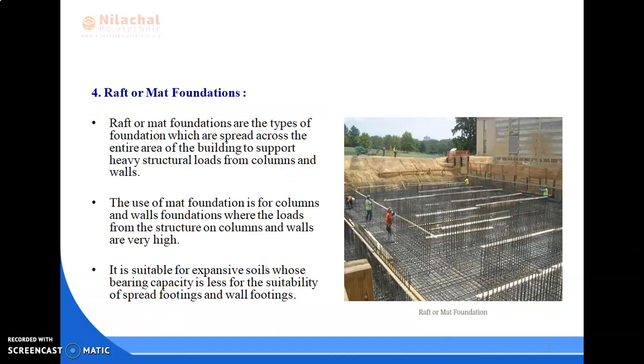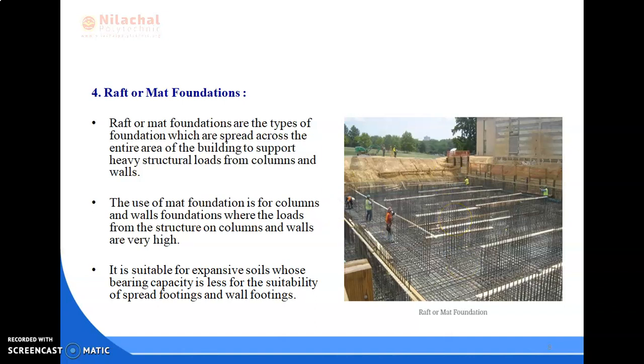Number 4 is the raft or mat foundation. This is a type of foundation which is spread across the entire area of the building to support heavy structural loads from columns and walls. The mat foundation is used for columns and walls where the loads from the structure are very high.